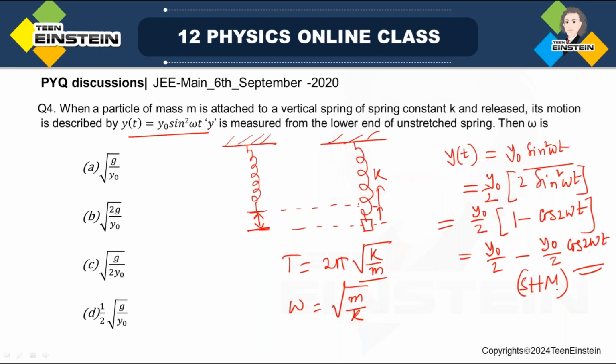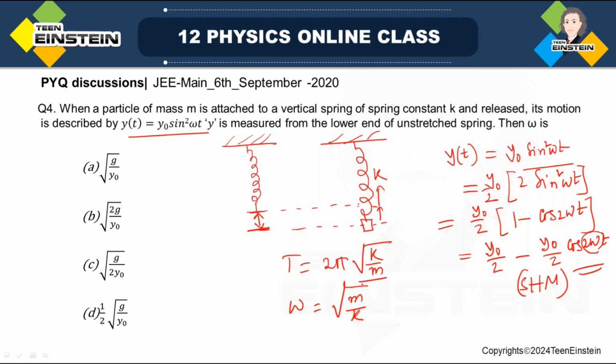We have to find out here actually the frequency of this oscillation is 2 omega.